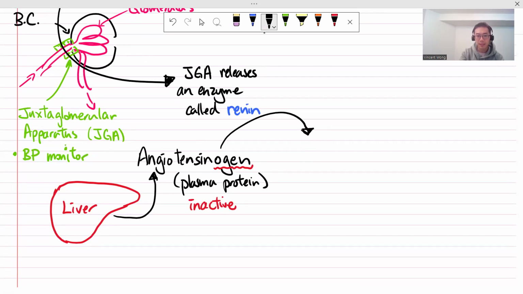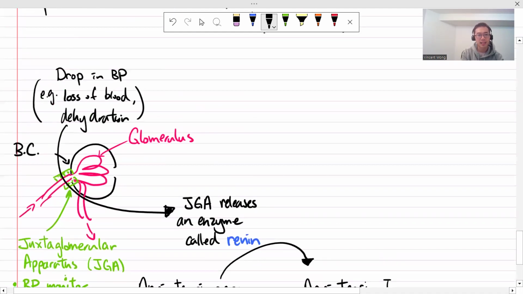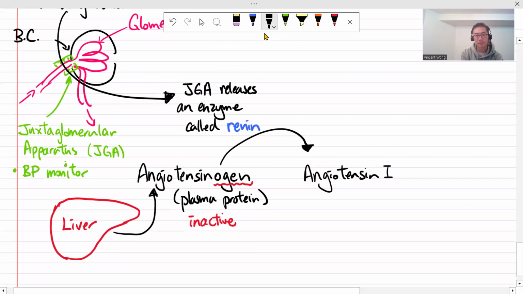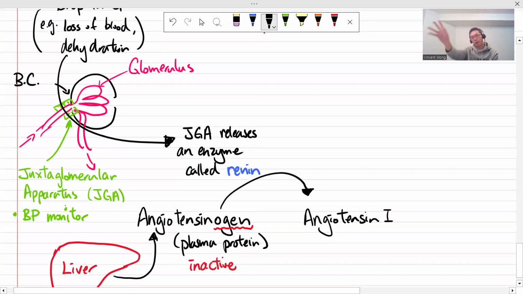Anybody want to guess the name? Probably know it already, right? Angiotensin 1. Okay? So that's like the A right here in RAAS, right? The A is the angiotensin. But this is number 1. So right now in your blood, you probably have the angiotensinogen, unless you are dehydrated or something, unless your blood pressure is low.